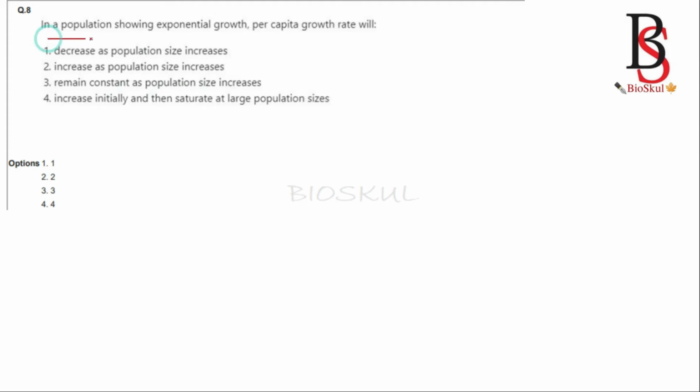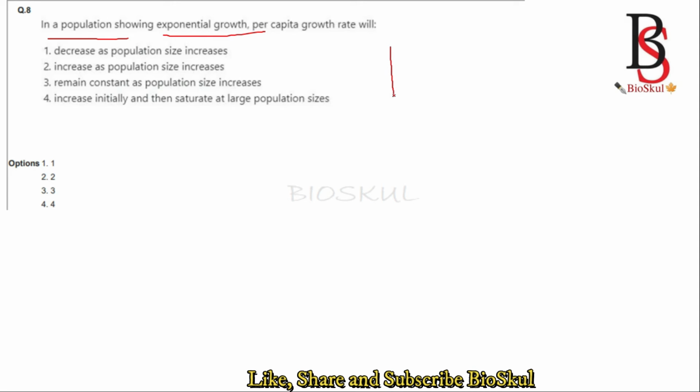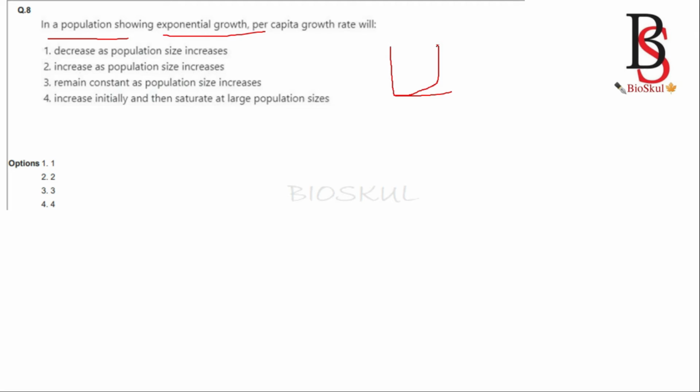Okay. In a population showing exponential growth, the per capita growth rate will be. So if a population is showing exponential growth, then it will form a J-shaped growth curve. In a population, the growth rate we calculate by using the formula dN by dt equal to rN. Okay, r is the per capita growth.